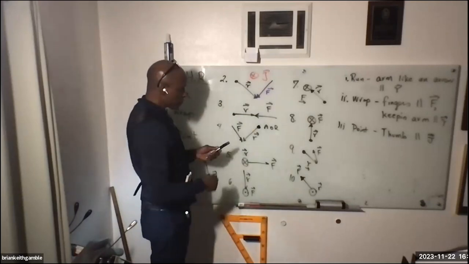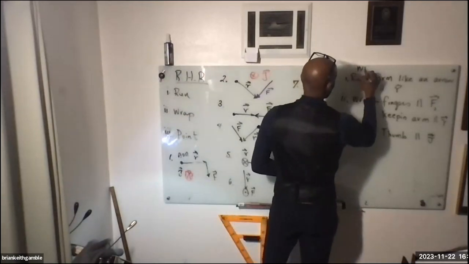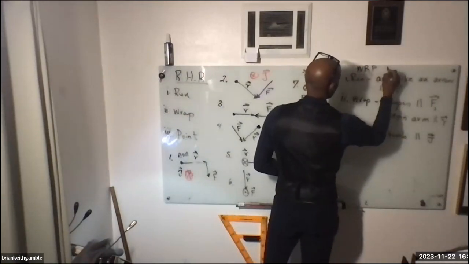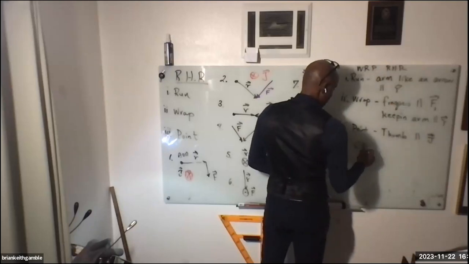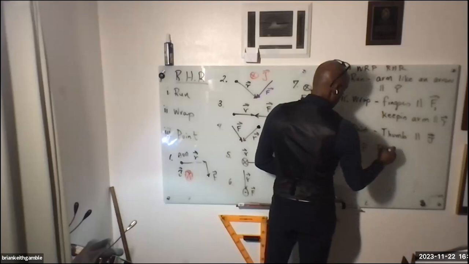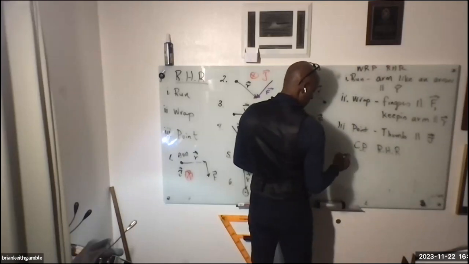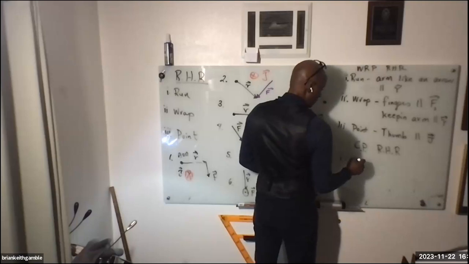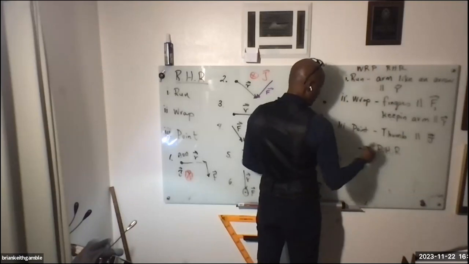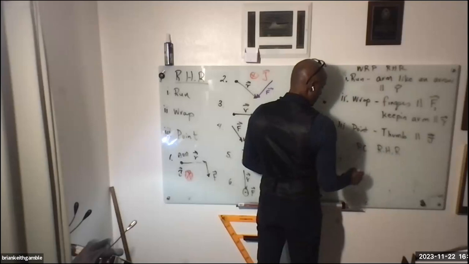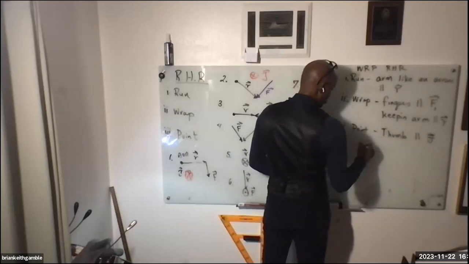So the curl point method, this is run wrap point, right hand rule, and the point curl method of the right hand rule. There's curl point, which is the first one. This is run wrap point, and this is point curl. Point curl method is to point your thumb and wrap your fingers.